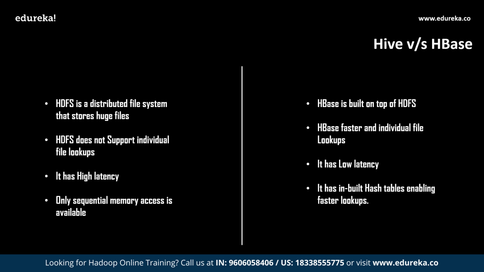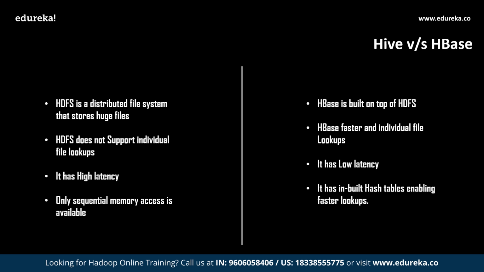Followed by the second difference, HBase provides low latency access to single rows from billions of records. This is because HBase is capable of providing us random access to the data. That is, we can randomly read the data from any location as well as write it. Whereas HDFS provides high latency processing and it is not capable of providing us random access to the data as HBase does.